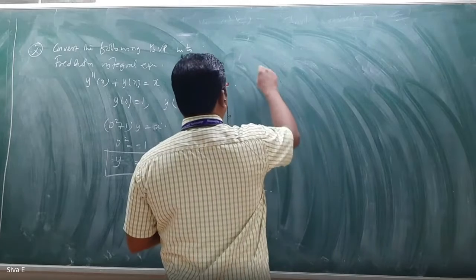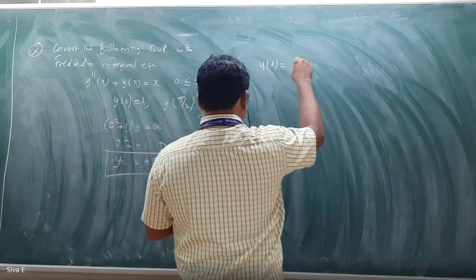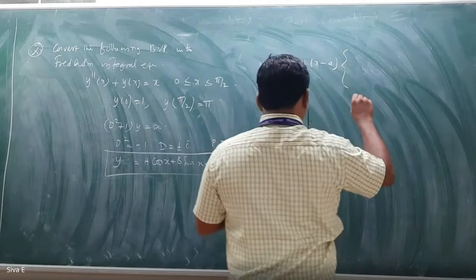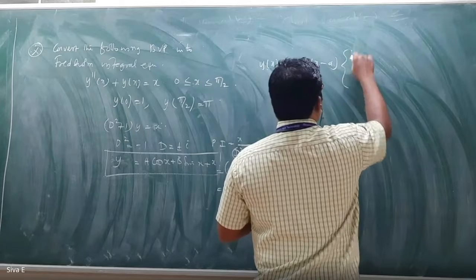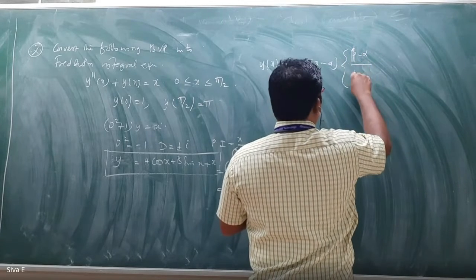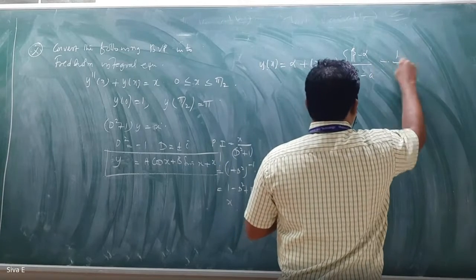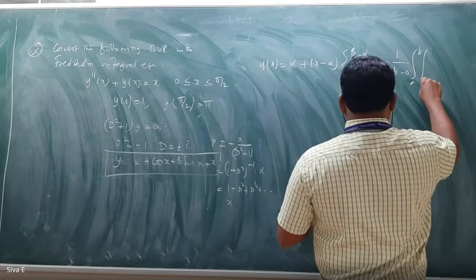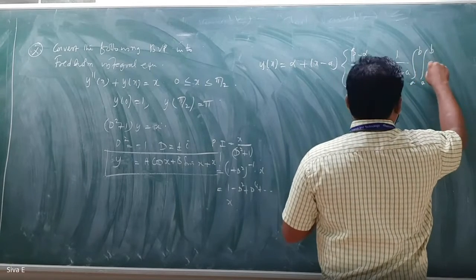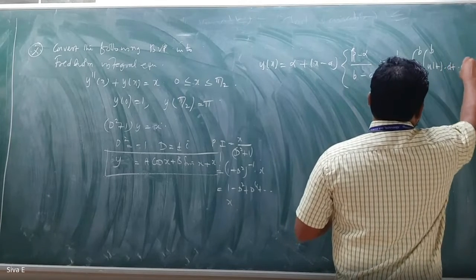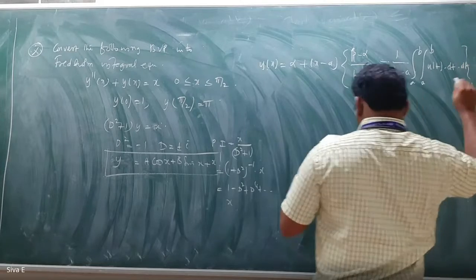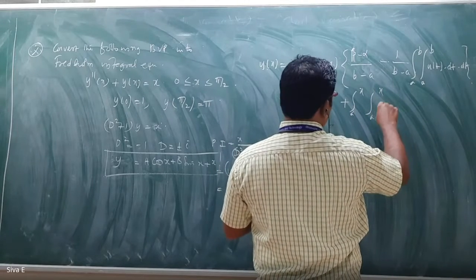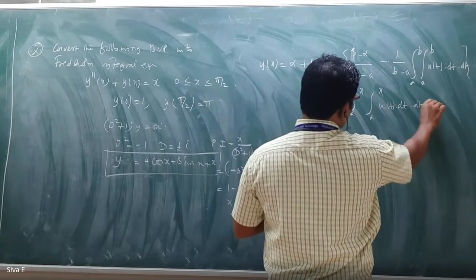Y of x equal to alpha plus x minus a over b minus a times beta minus alpha, minus 1 by b minus a integral over a to b of integral u of t dt, plus integral over a to x of integral u of t dt.